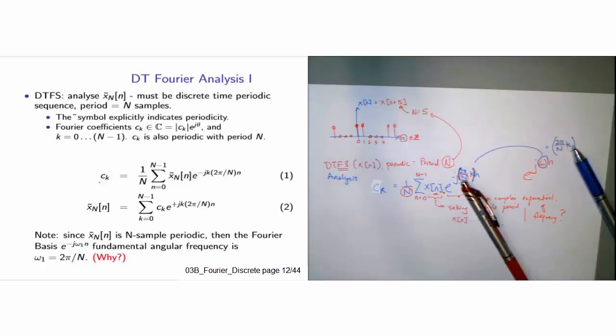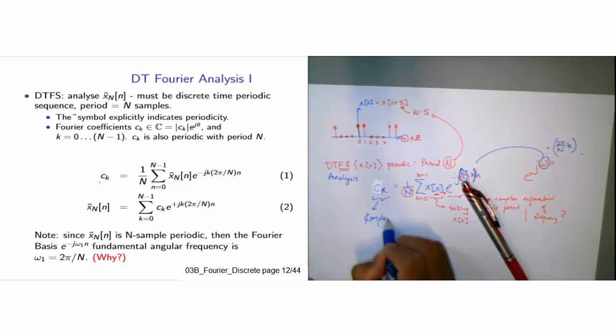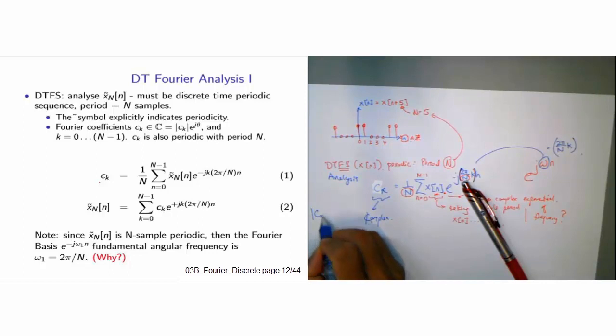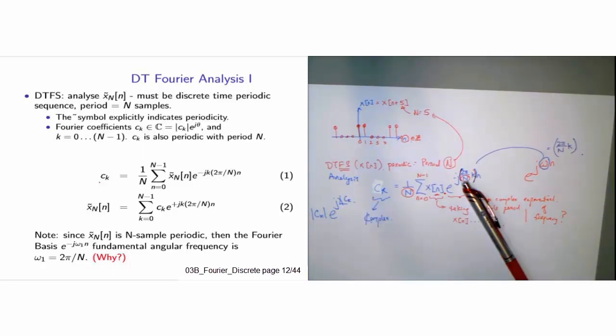This number will tell me how important this complex exponential is for this signal, in terms of amplitude and phase. Out comes Ck, which is a complex number, telling me both the amplitude as well as the phase.